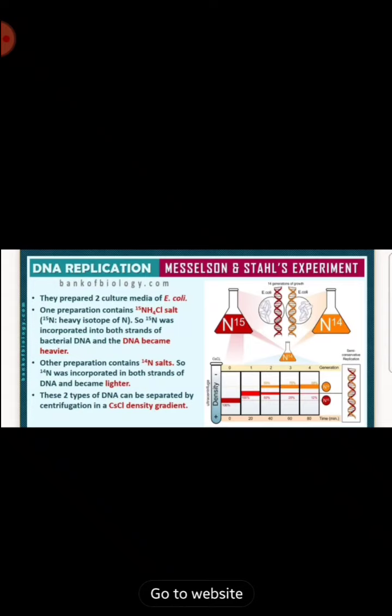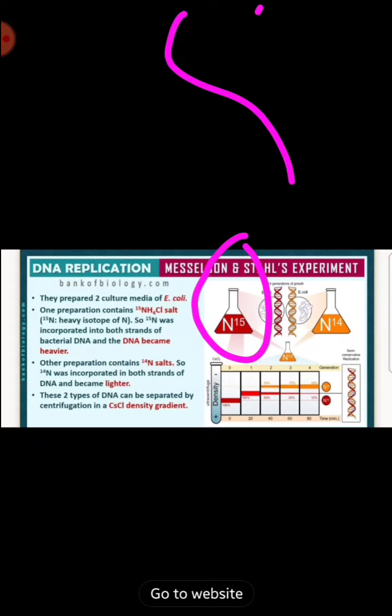So the E. coli bacteria's DNA had N15 incorporated from the ammonium chloride, in which N15 is the heavy isotope.